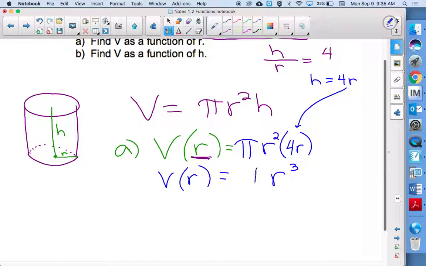We didn't do anything with the pi. And we have an R with a 4, so we'll place that 4 in front as we combine the R's together. So instead of height, we're replacing it with 4R because height is equal to 4 times the radius. That's what that means. The height is 4 times the radius. So because we're trying to write a function with respect to R, or as a function of R, we can plug in that information.